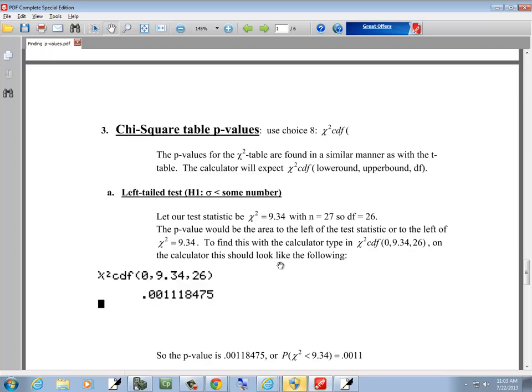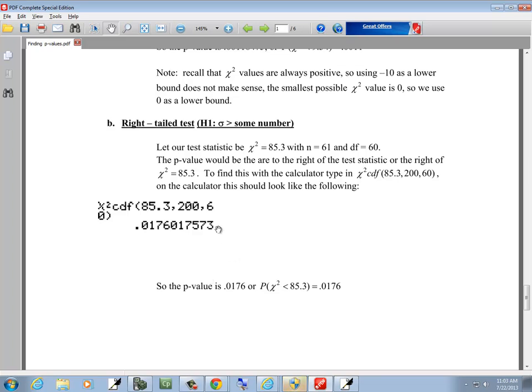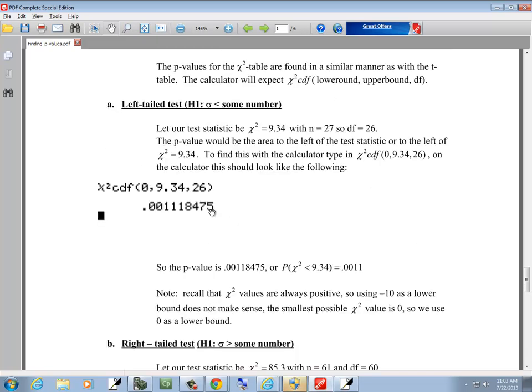But if it's a left tail test, then p-value would be the area to the left of the test statistic. So it's going to go from 0 up to your test statistic, and then your degree of freedom would be your parameters. We already looked at the right tail test. I'm assuming it doesn't really specify where in the world that 200 comes from. Let me see if it says somewhere up above.